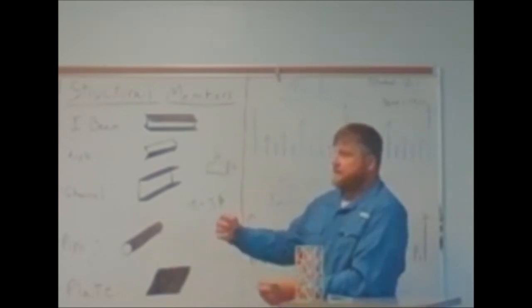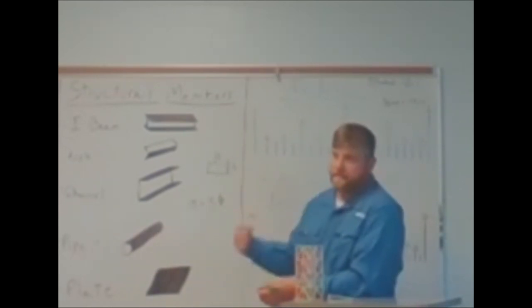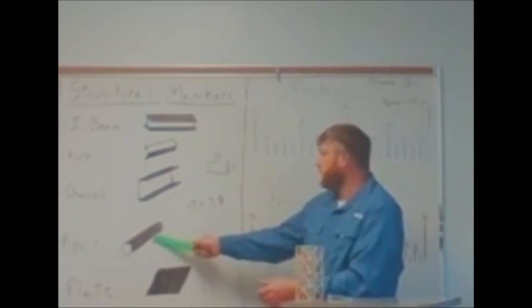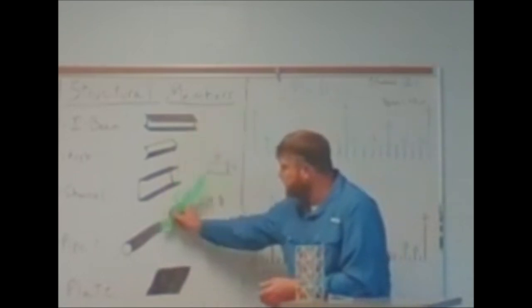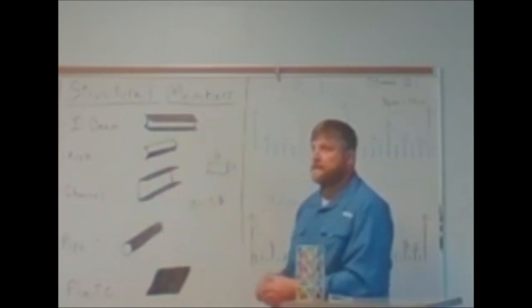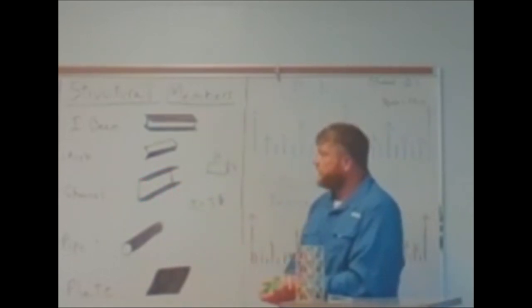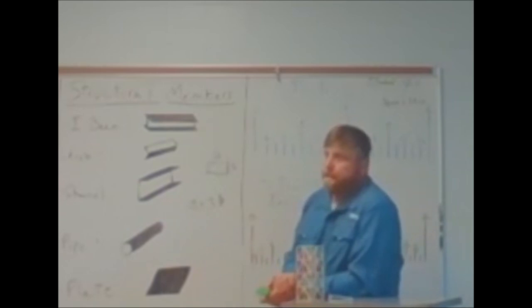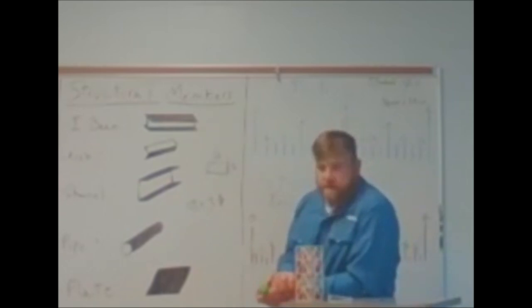Okay, so now pipe has the same amount of material in 360 degrees around it. So if you exert a force here, it'll be the same as exerting a force here, here, there. Pipe structurally could be a very useful component. Pipe is not used very often in structural design.